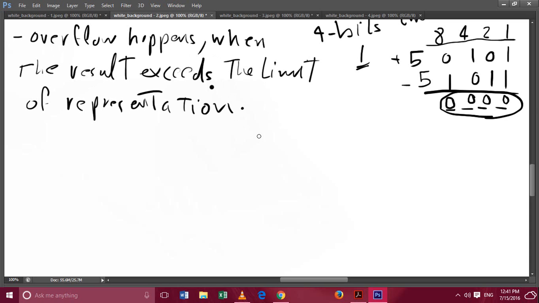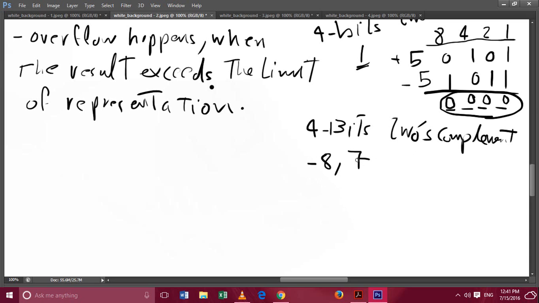What do I mean by that? Let me illustrate. Let's say that we are using a 4-bit two's complement binary system. If you remember when we talked about range, this 4-bit two's complement binary system is capable of representing numbers ranging from -8 to +7, and we covered that in the previous part of this tutorial.